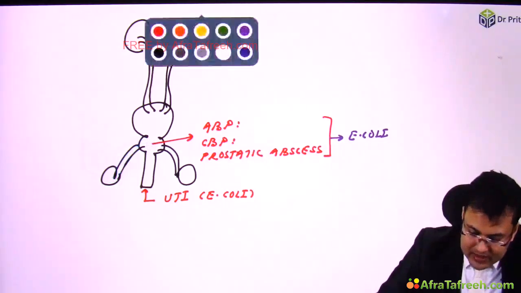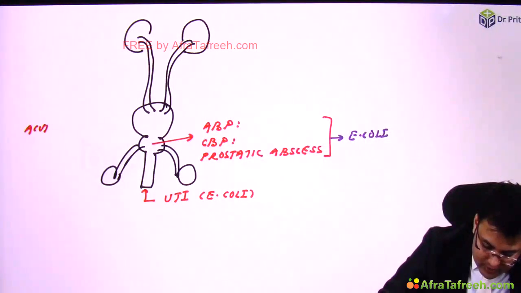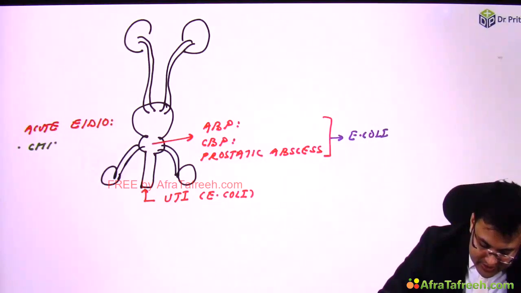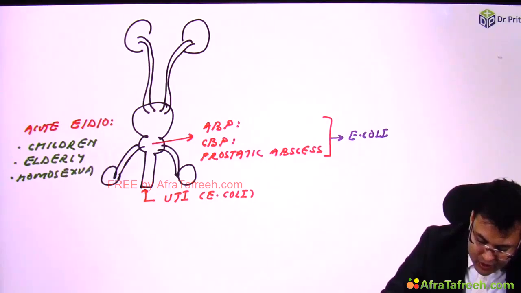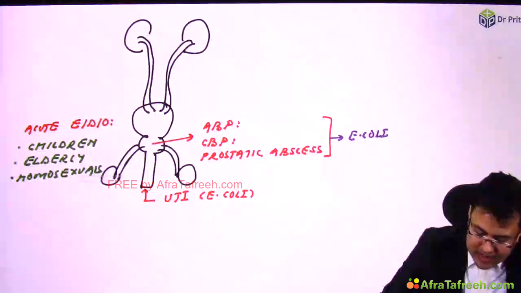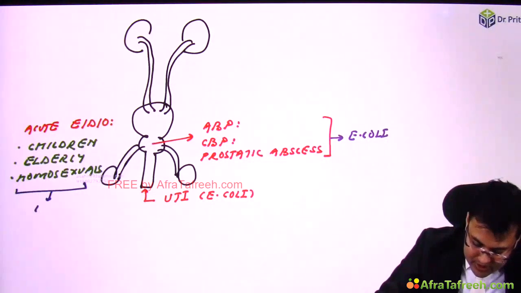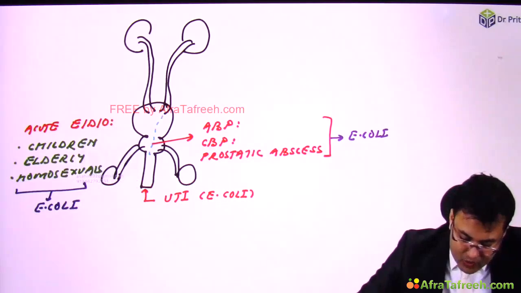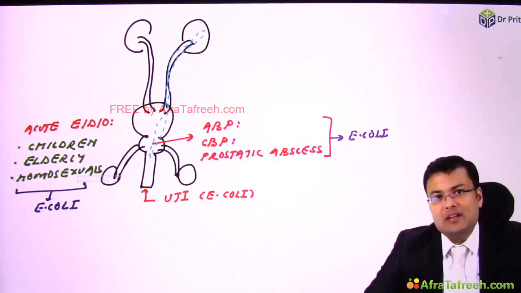Now see, this is acute epididymo-orchitis, and acute epididymo-orchitis in children, in elderly, and in homosexuals. What is the most common organism responsible? The organism responsible is E. coli.